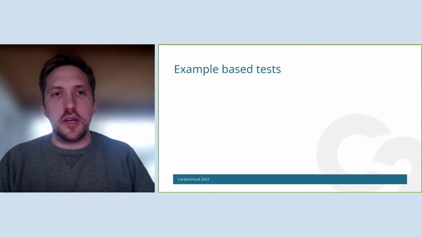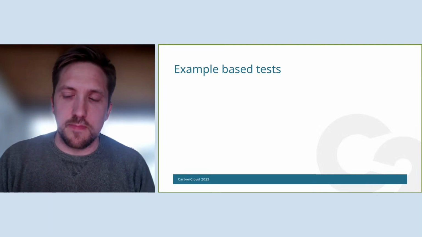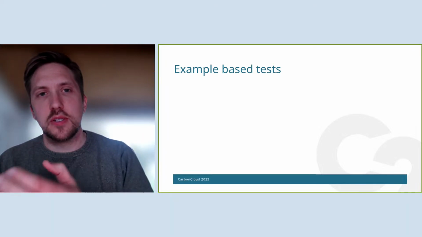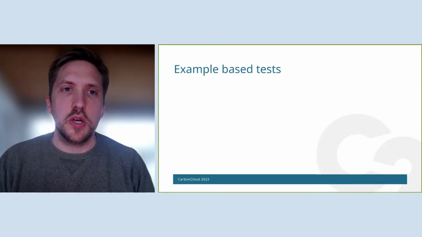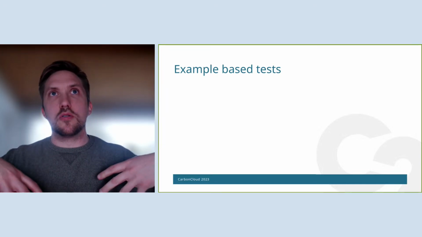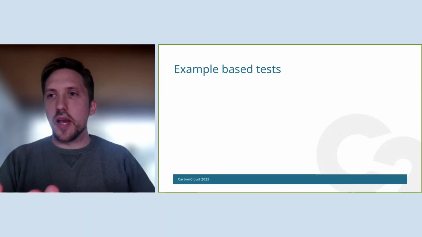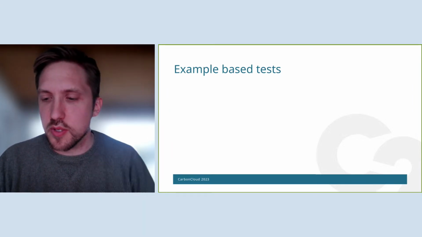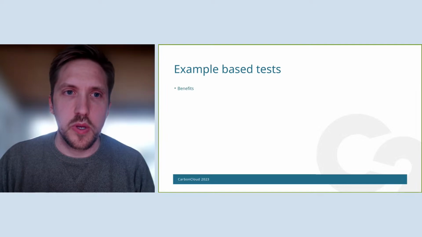So that's why I use the title example-based test instead, just to make sure when you compare to other types of tests. You can do an example-based test on system level or API level, or you can do it on a function, right? All the principles I will go through will still be valid.